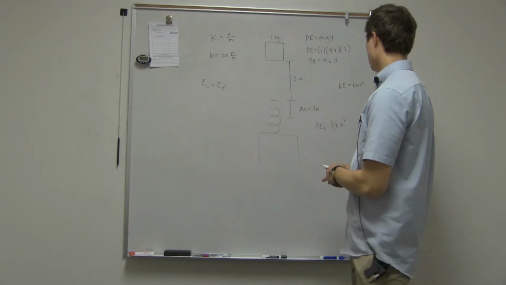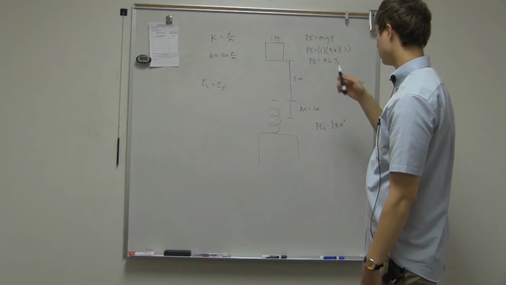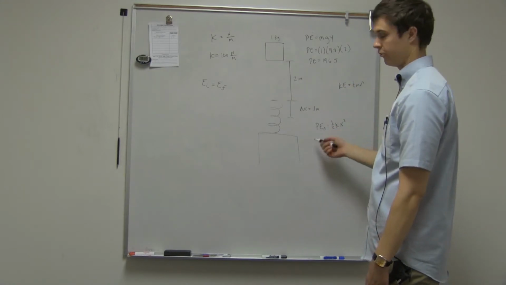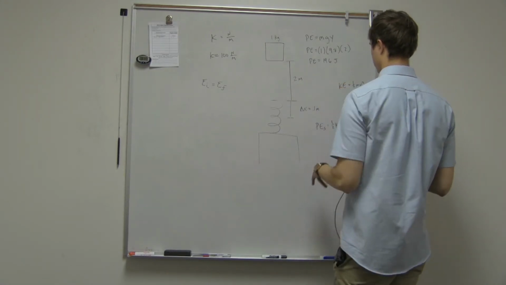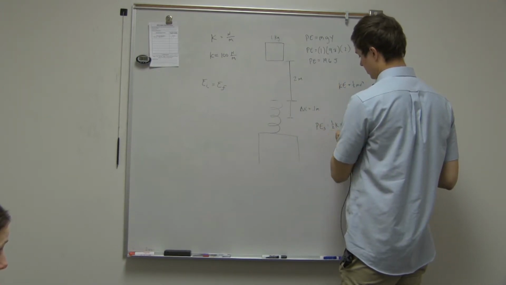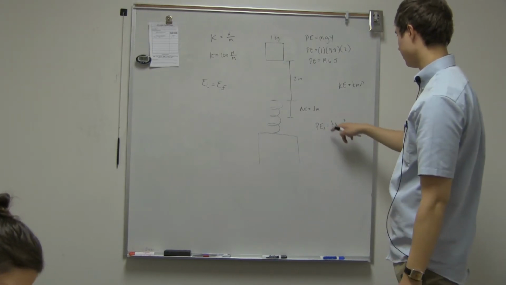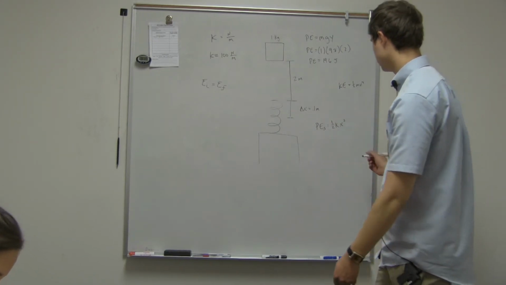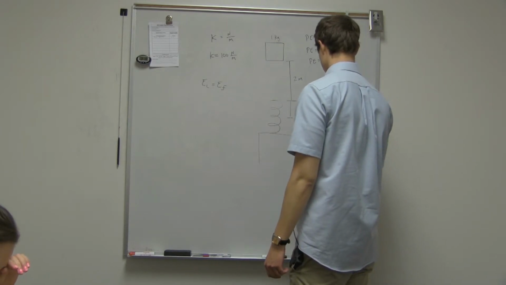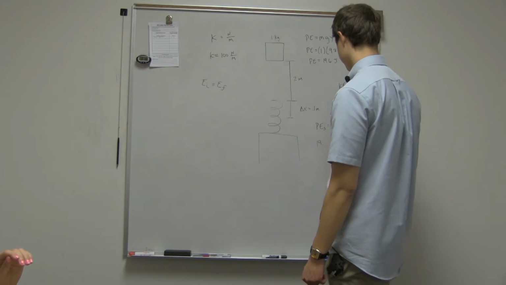Cool. So what we're going to say is our initial potential energy equals our final potential energy. We can take this number and set it equal to this equation, because whatever this ends up being, it needs to come out to 19.6 joules. So 19.6 equals 1/2 K times 0.1 squared.